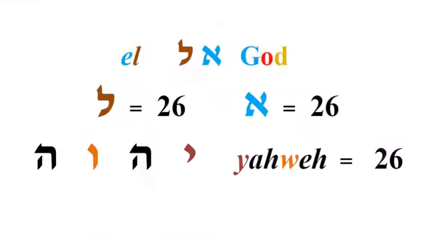El, that's his title, El. El by itself is 30 and 1, 31. But each element of El, the Aleph and the Lamed, each break down into 26, which ties in with his name 26. Keep in mind, you think, well, 26, why is God's name 26? You know what? He's God. This is what it is. And you're going to see it weaving a lot more. So just get used to it. God's name 26. Okay?